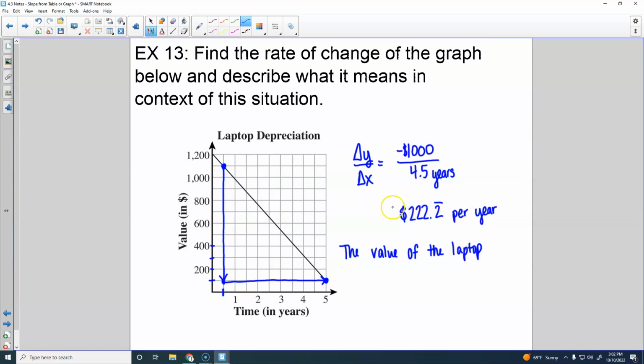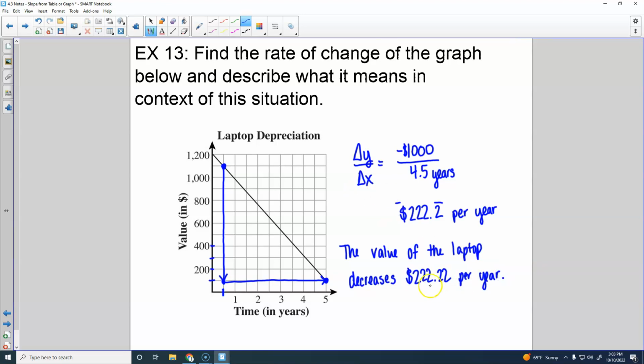And I didn't put the negative. I should have. That negative tells us it's decreasing, right? The value of the laptop decreases $222.22 per year. If you do the point repeating, that's fine also.